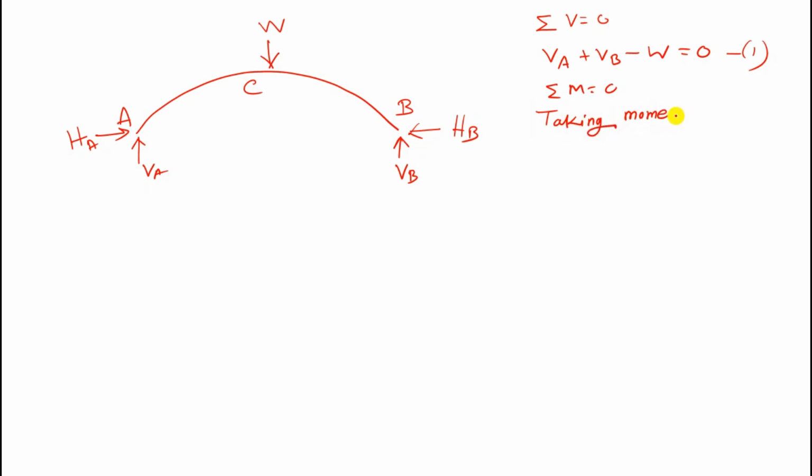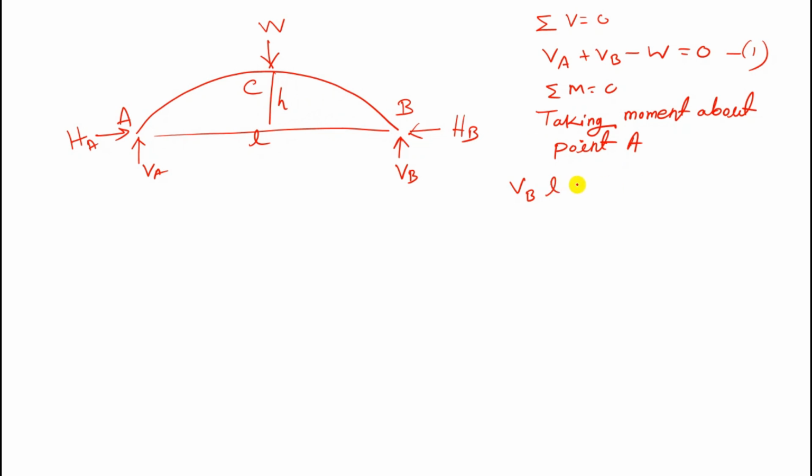Taking moment about point A. So VB multiplied by L, total span is L and height is h.